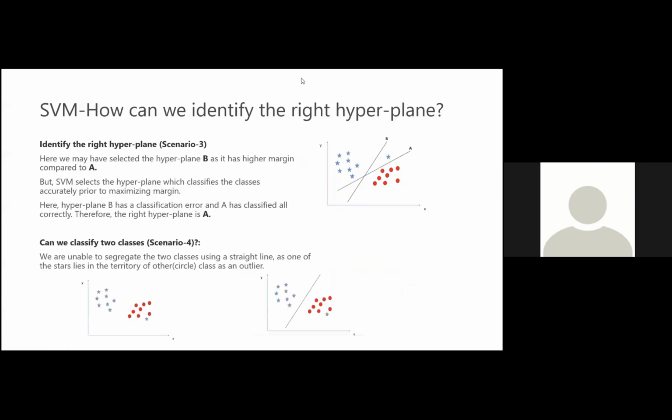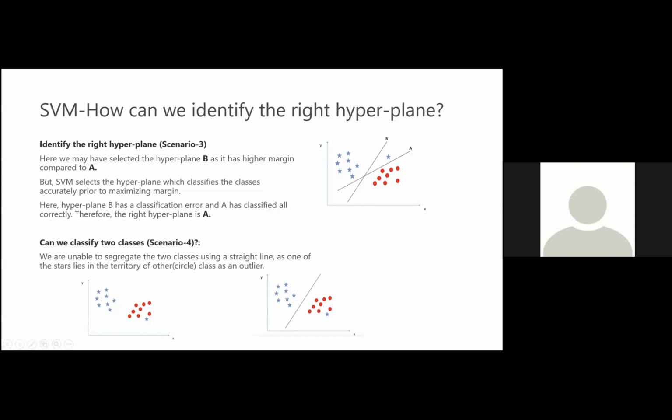Coming to scenario 3 in SVM, we have two hyperplanes, A and B, and taking the margin into consideration, the margin of hyperplane A and hyperplane B are almost the same. So if you take only margin into consideration, then the SVM algorithm gets confused between selecting hyperplane A or hyperplane B. In these kinds of scenarios, it selects the hyperplane which classifies the points more accurately.